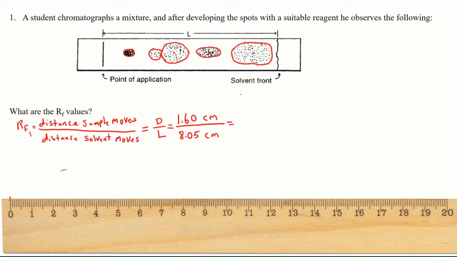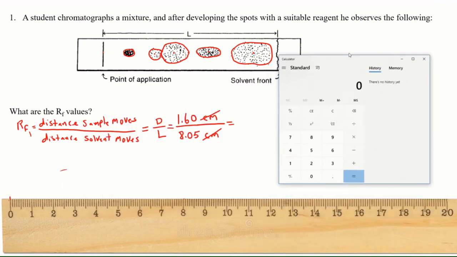Okay. Now, notice one thing about the units. The units cancel. So that means my RF value is a unitless number. And if I enter this information into a calculator, let's bring a calculator here.